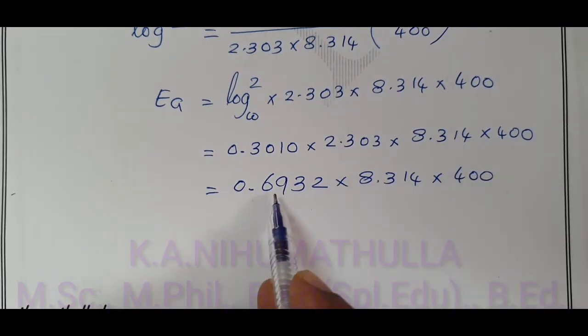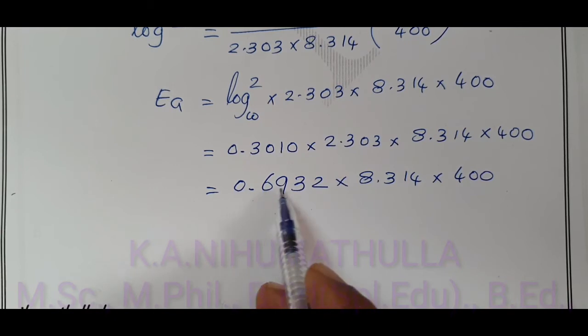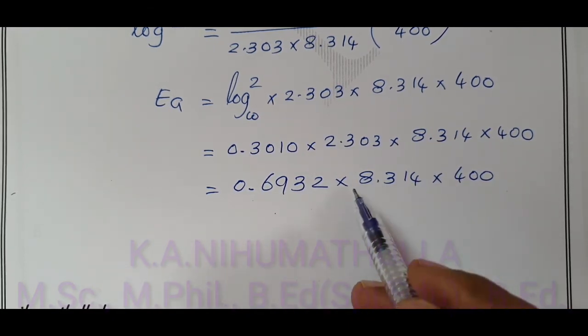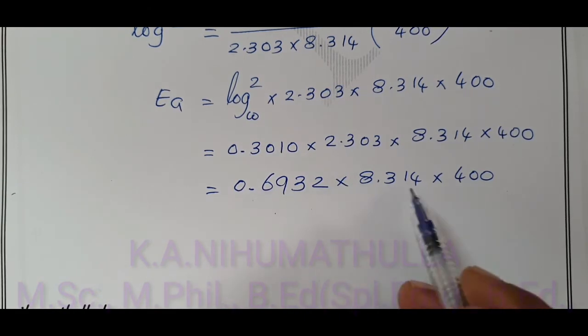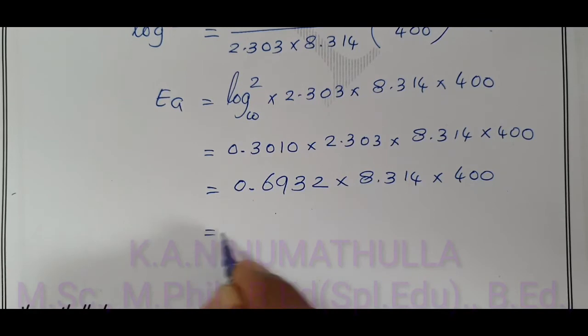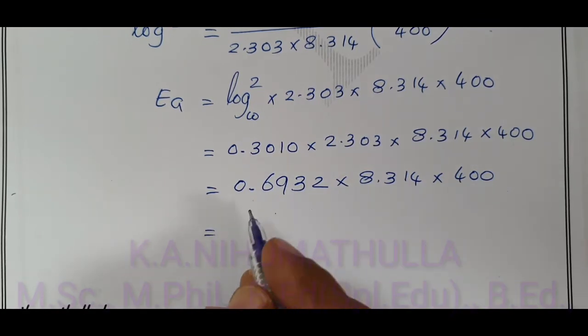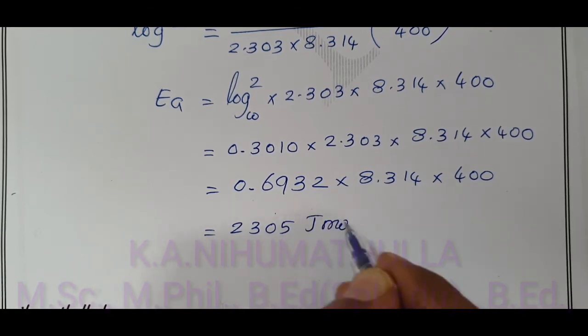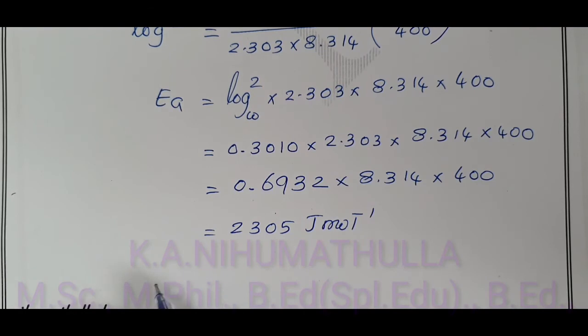So 0.69 can be taken as 0.70 and 8.3 can be taken as 8. So 8 into 0.7 equals 5.6. 5.6 into 4 will give the answer. But when you multiply along with the 4 digits, you will get 2305 joule mole power minus 1 in the scientific method.